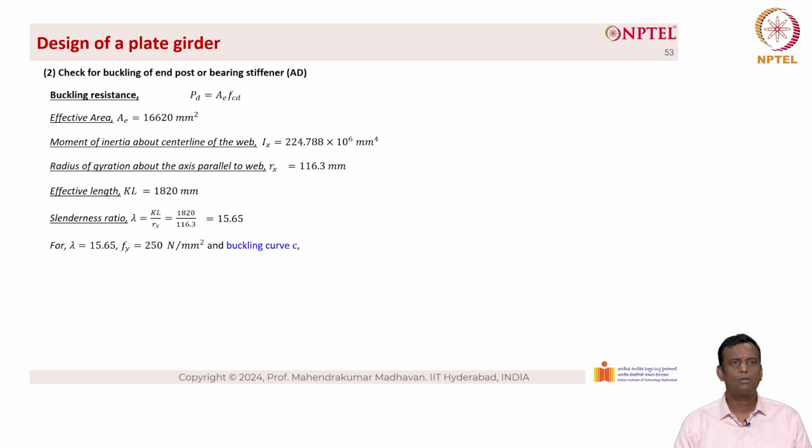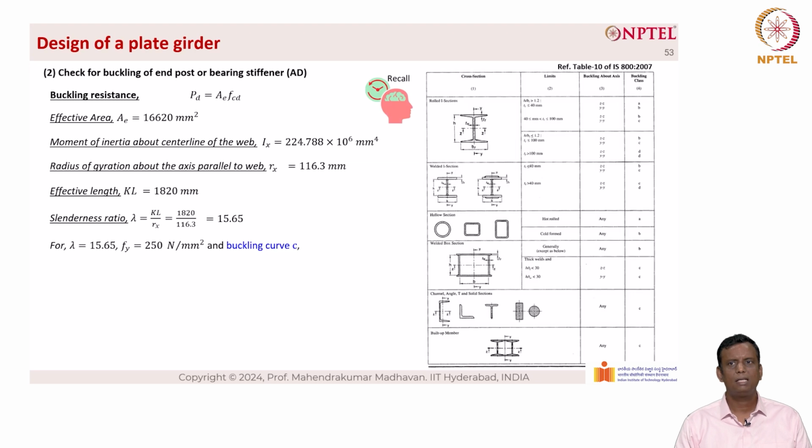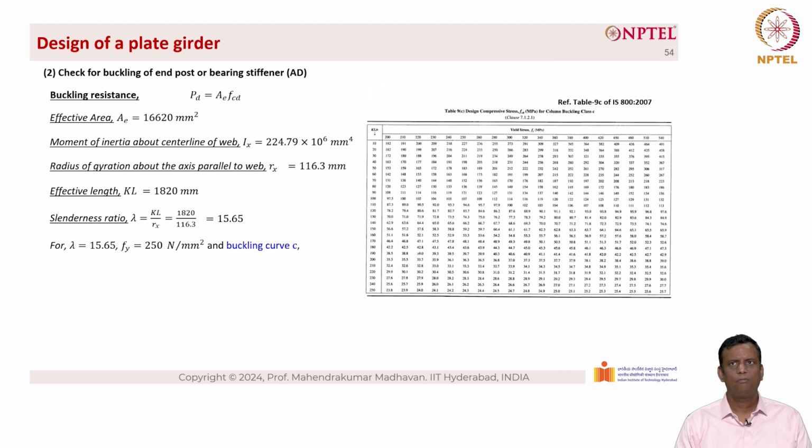Now for lambda equal to 15.65, Fy equal to 250 Newton per millimeter square, and a buckling curve C. Why buckling curve C? Because if you see that for a solid cross section, IS 800 table 10 recommends a buckling curve of C. We have the value of stress FCD given as 225.31 from table 9C.